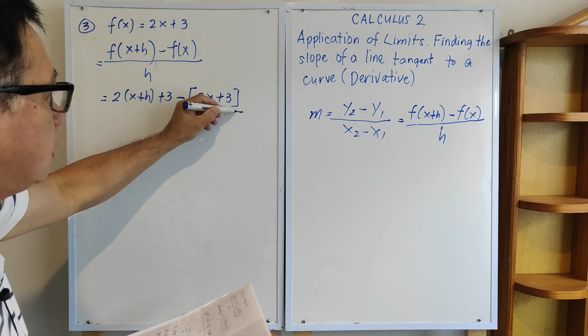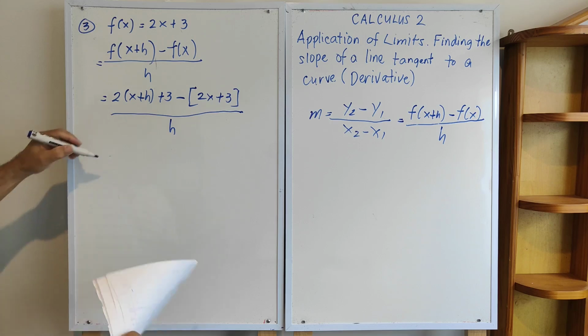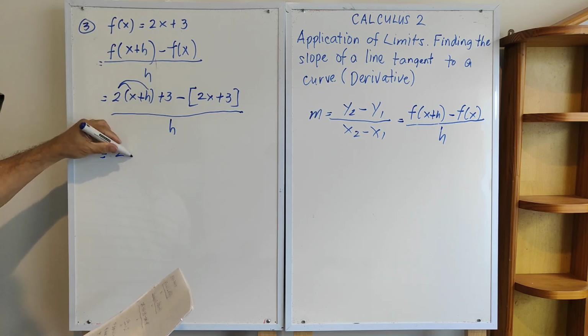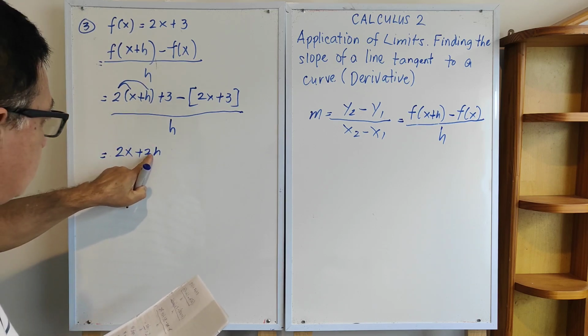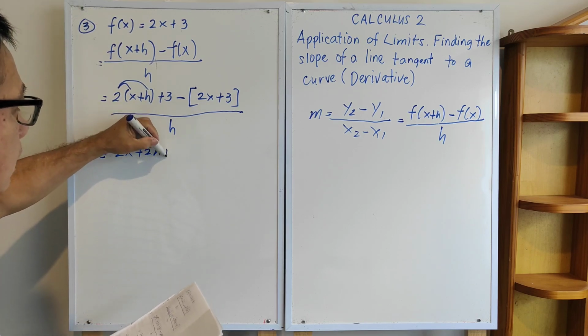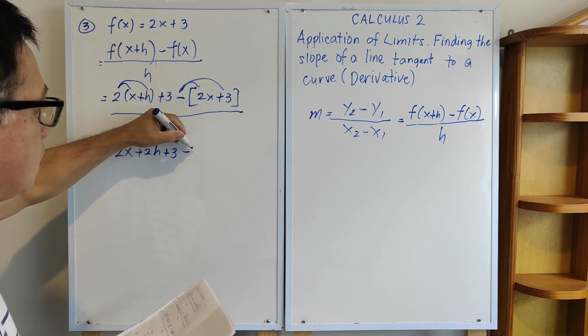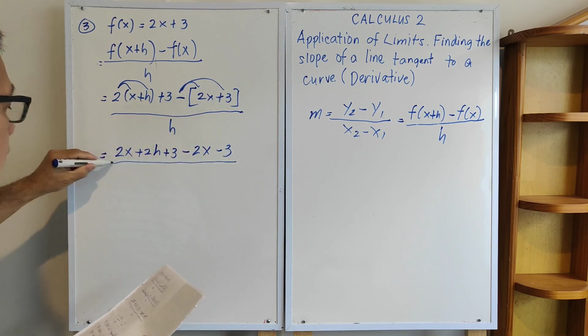So be careful with signs all over h. Now we have to distribute 2 times x plus h. So 2x plus 2h, plus 3, and then we distribute the negative sign, minus 2x minus 3 all over h.